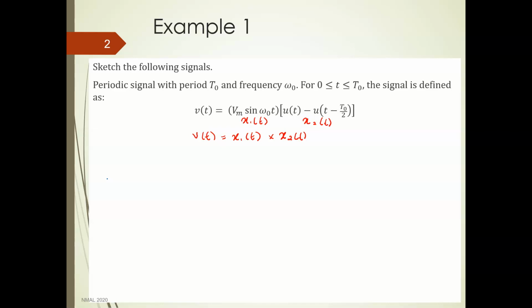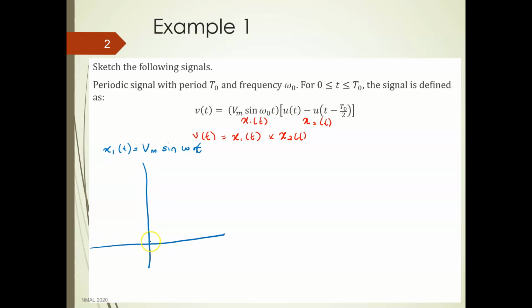We sketch x1t and x2t separately first. So first let us sketch x1t completely. Here x1t is equivalent to Vm sine omega naught t. So this is basically a sine function with Vm as its amplitude.